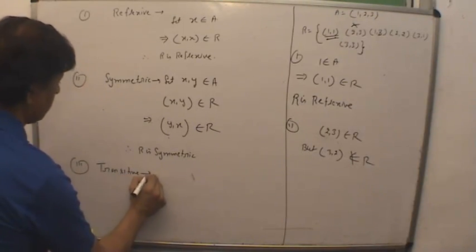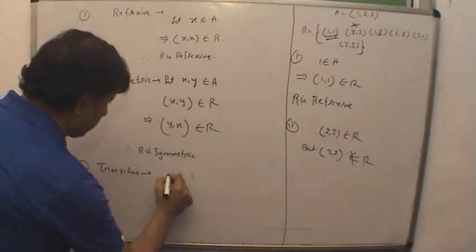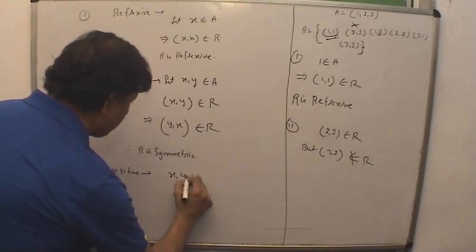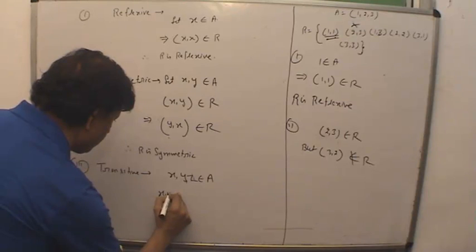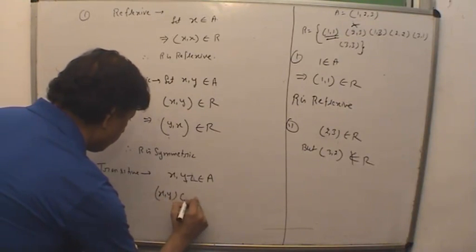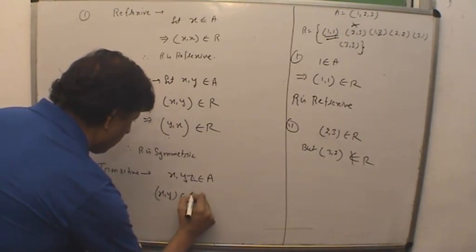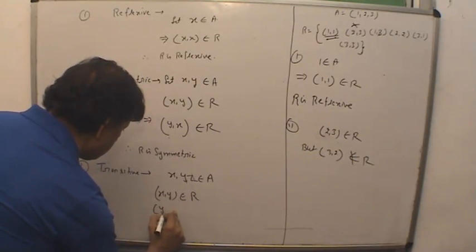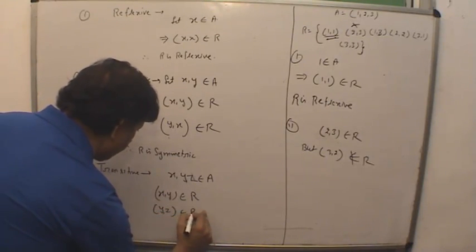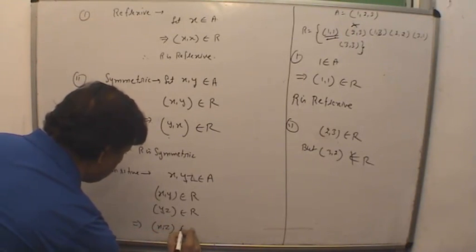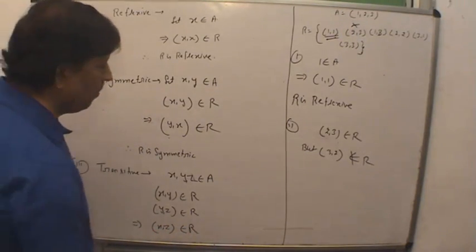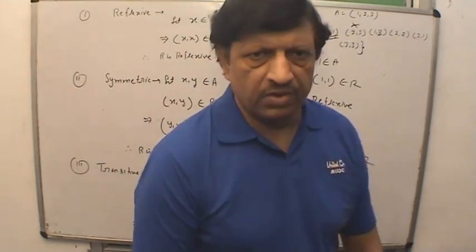For transitive, we require three elements X, Y, Z belonging to the given set. (X, Y) belongs to R and (Y, Z) belongs to R. This implies (X, Z) belongs to R. If it is so, then R is transitive.